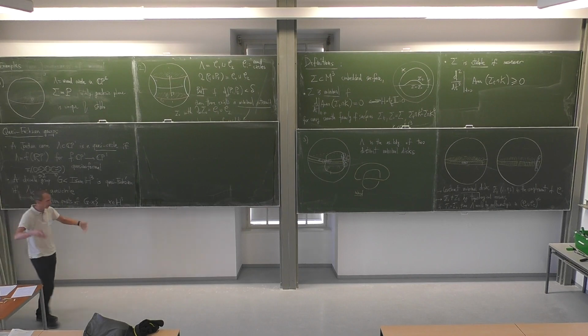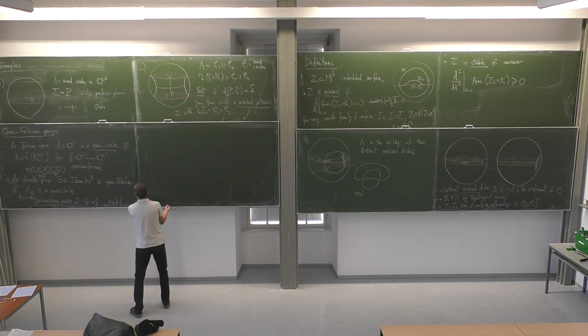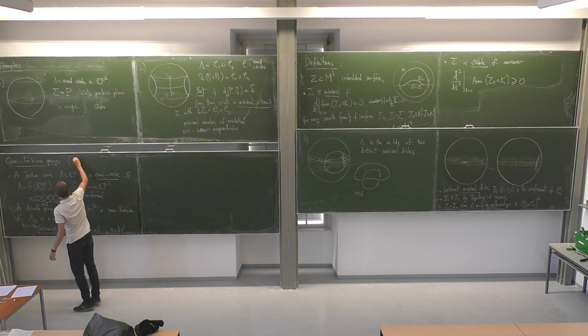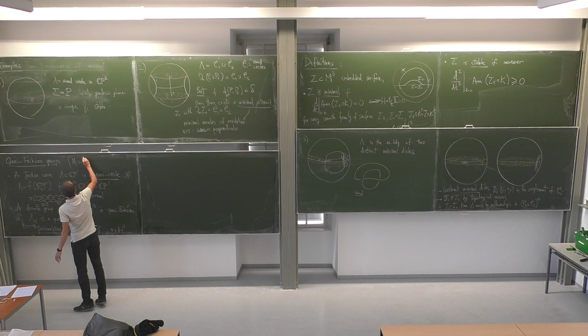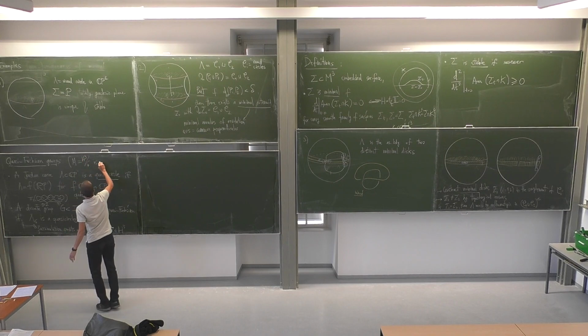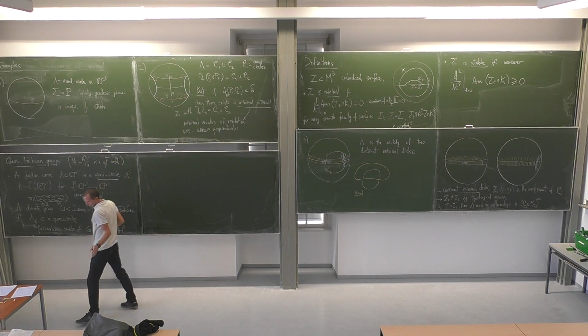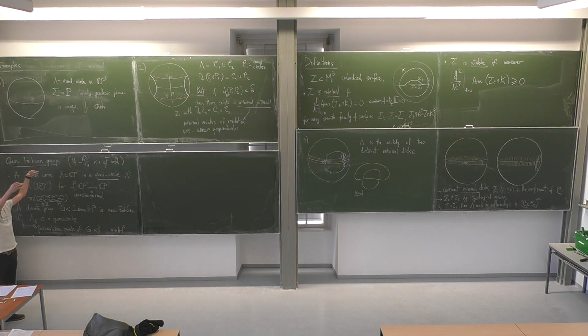And this is what gives in the quotient H3 mod G a quasi-Fuchsian manifold. I will mostly talk about just the action of the group upstairs, but if you like to think about the quotient as it was done in this morning's talk, you can just think about the quotient.